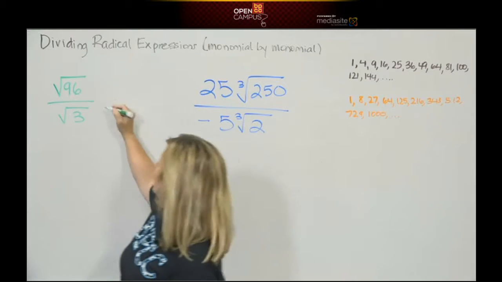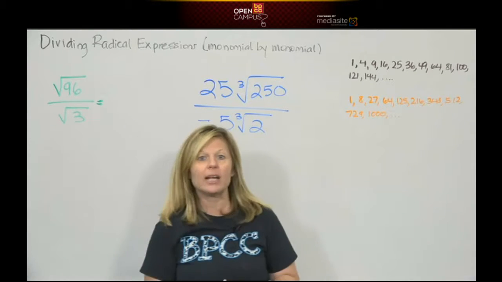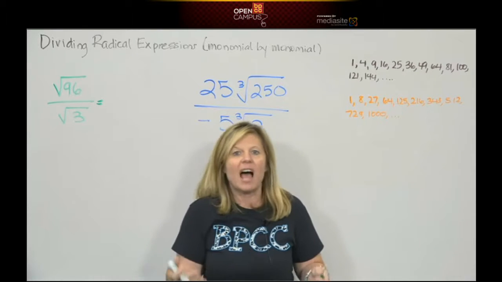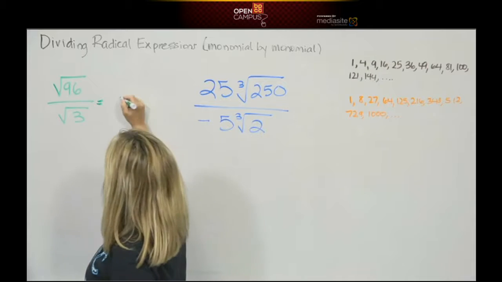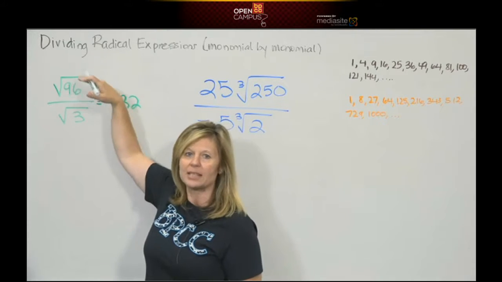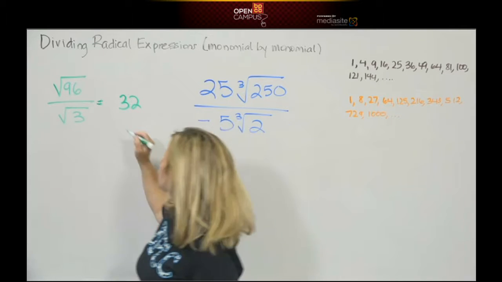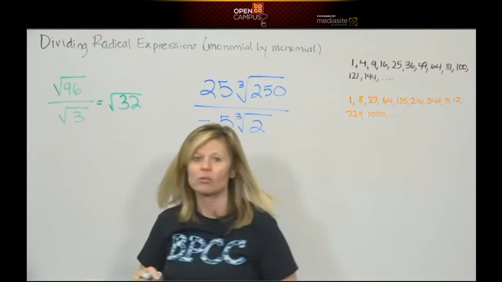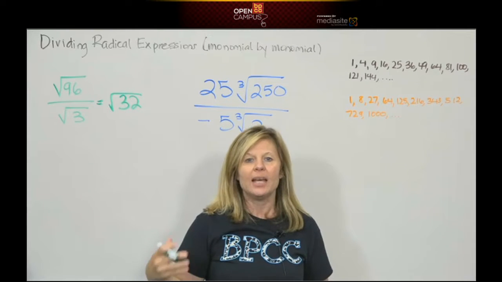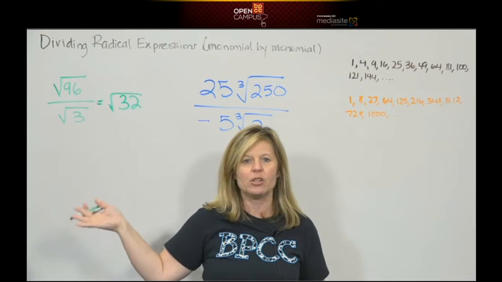So if we divide 96 by 3, that will divide evenly. Forget the root symbols are there and just divide 96 by 3 and you would get 32. But because these are both inside the radical sign, your quotient is still inside the radical sign. So the square root of 96 divided by the square root of 3 is the square root of 32.